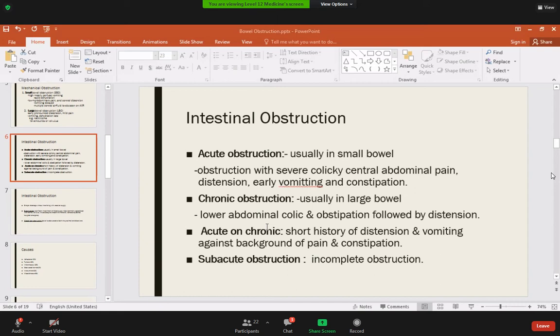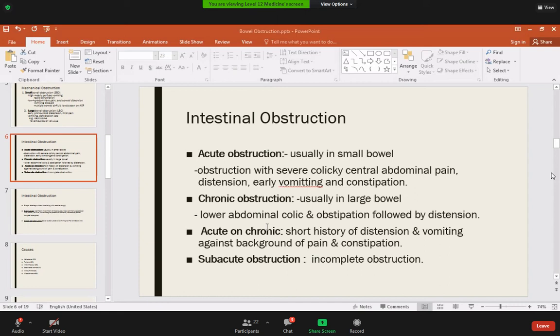And these 4 symptoms have a different set in different levels of obstruction. Like we said, in the high small bowel obstruction, we have severe pain, we have severe vomiting, but distension and constipation are not very marked. In case of low small bowel obstruction, there will be severe pain, central distension, constipation will progress with the passage of time, and vomiting is delayed.